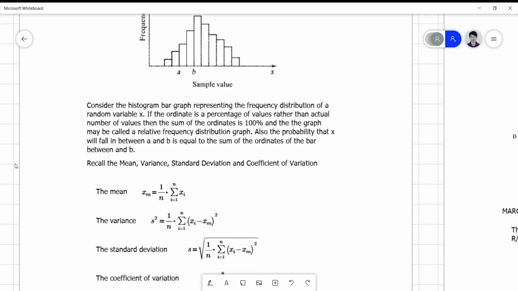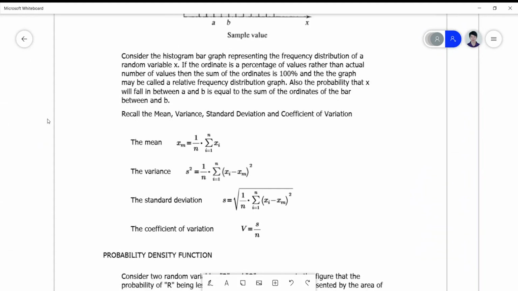And of course we have to recall the basic statistical formulas we need in order to make some computations. So we recall the definition for mean, the variance, the standard deviation, and the coefficient of variation. These are the basic statistical tools we need to account for when we talk of such procedure. For the mean, this is simply an average of the summation of the samples from 1 to n divided by n.